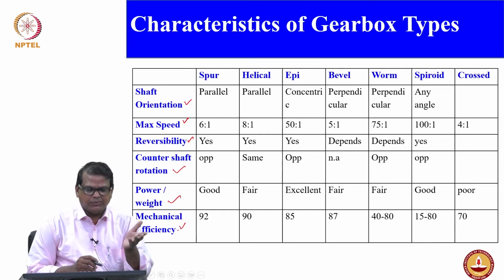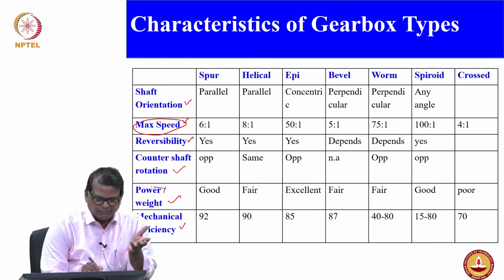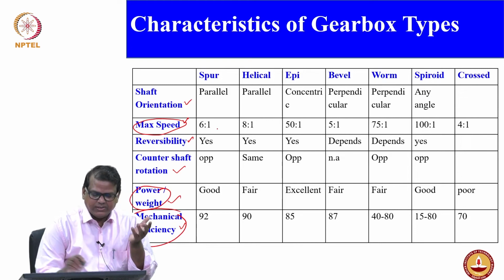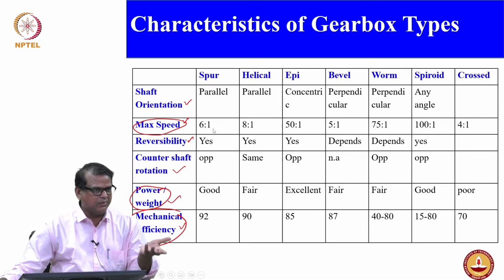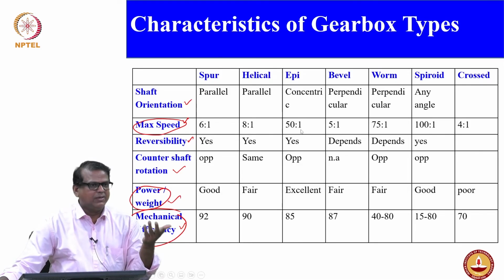We will focus more importantly on the speed aspect, the power weight and mechanical efficiency. If you look at spur and helical, the reduction is 60:1, 80:1. The moment you go, you can have 50:1.